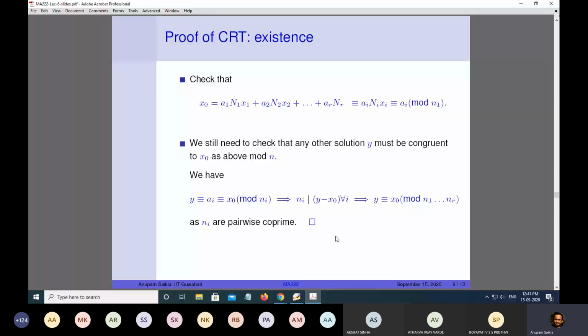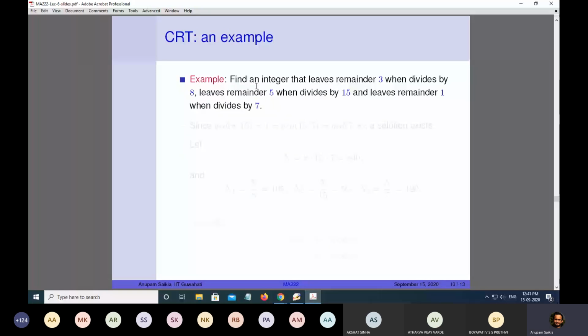So let me illustrate this by an example. Find an integer that leaves remainder 3 when divided by 8, leaves remainder 5 when divided by 15, and leaves remainder 1 when divided by 7. Important thing is that the GCDs of 8 and 15, 15 and 7, and 7 and 8 are all 1.